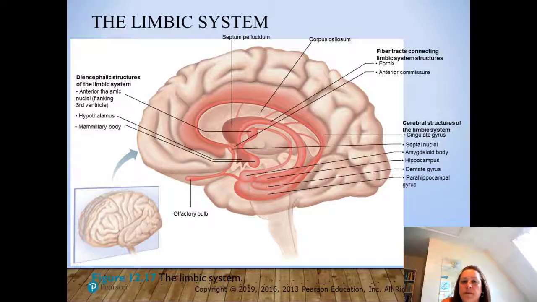The septum, the fornix connecting the two sides together. So this is quite a big area of the brain that is involved in interpreting our emotions. Notice how there's some in the hypothalamus, then there's the connection on the fornix, and then down here in our lower brain centers, right? Our diencephalon, brainstem kind of area.